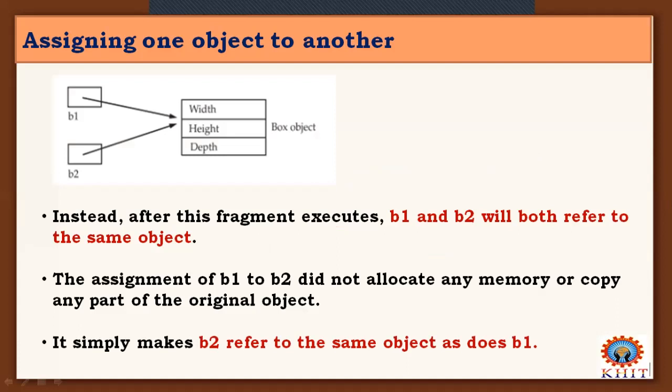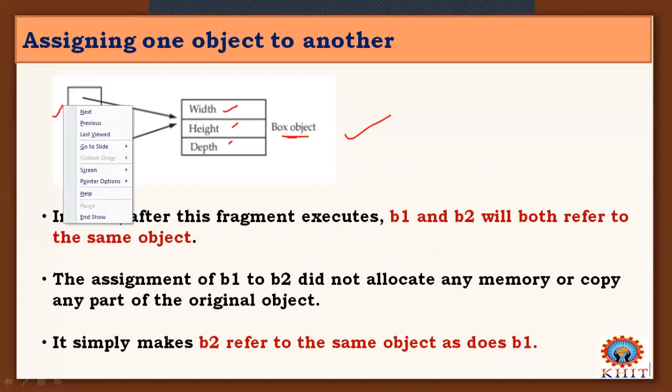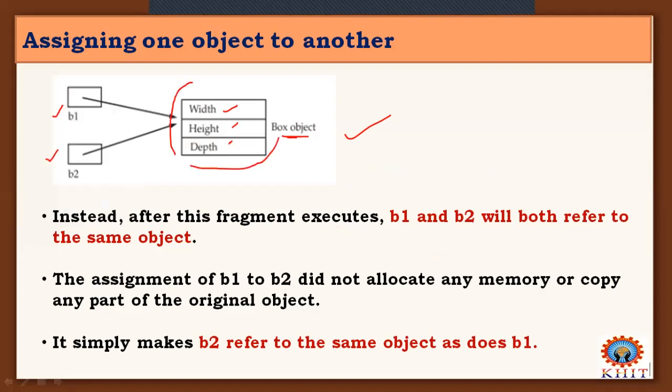Coming to see here, this picture clearly shows a box object having data like width, height and depth of an object, of a box object. Here B1 and B2 both are referring to the same memory object of the class Box.